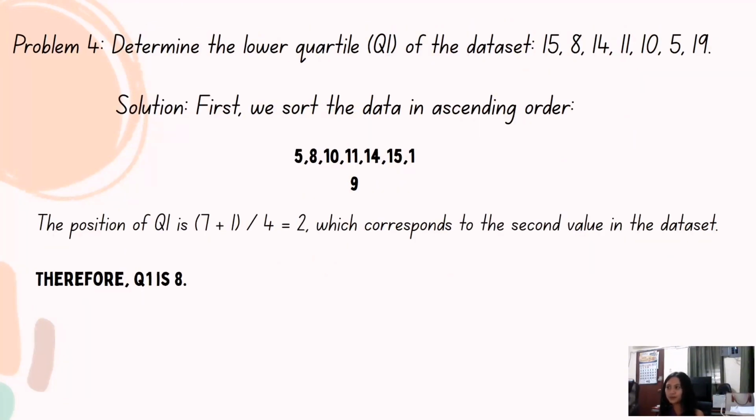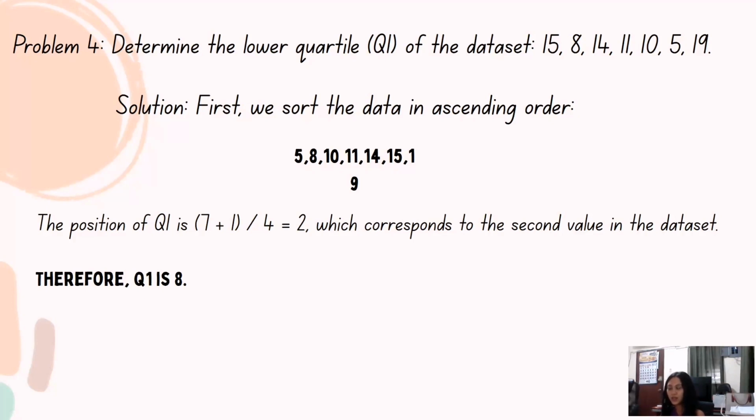Problem 4. Determine the lower quartile of the dataset 15, 8, 14, 11, 10, 5, and 18. Solution. First, we sort the data in ascending order: 5, 8, 10, 11, 14, 15, 18.